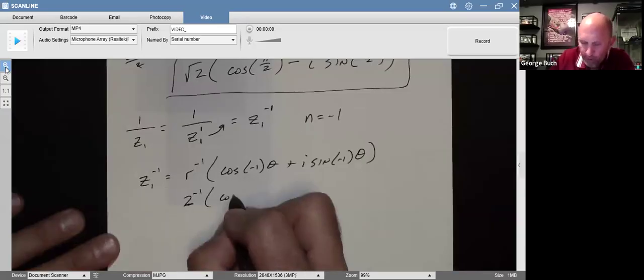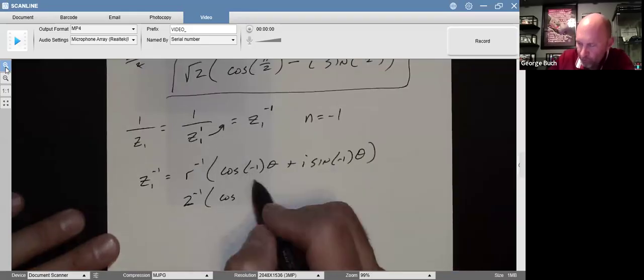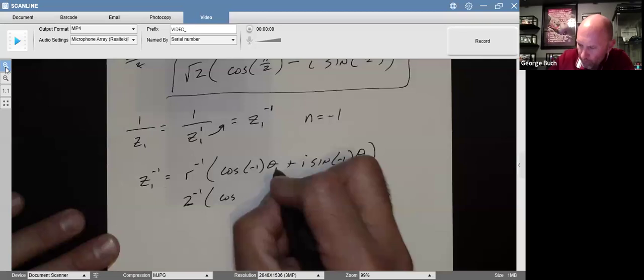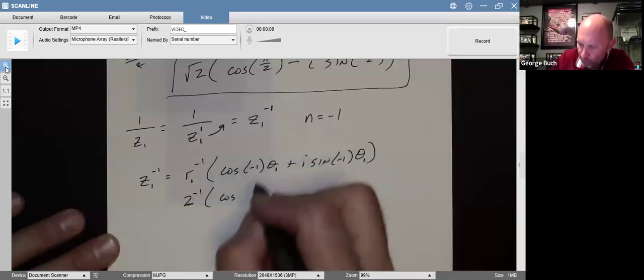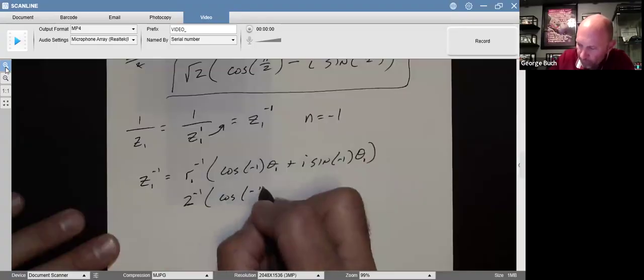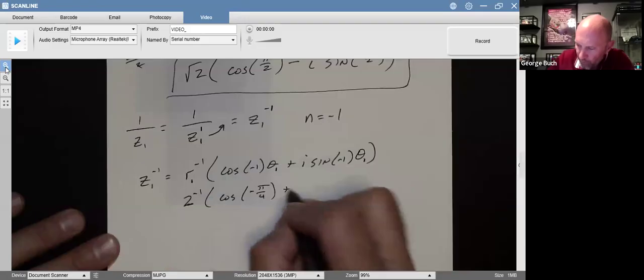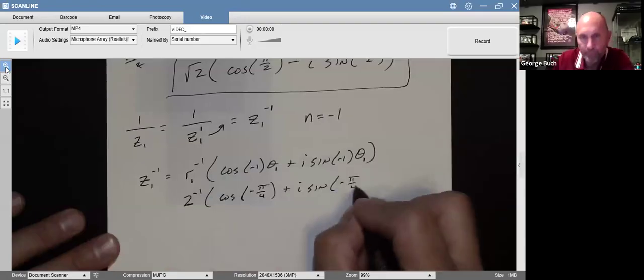And then cosine, well, my theta, so I should put theta 1 here, r1, theta 1. So theta 1 was pi over 4, so this is negative pi over 4 plus I sine of negative pi over 4.